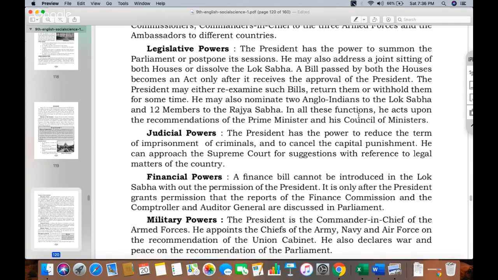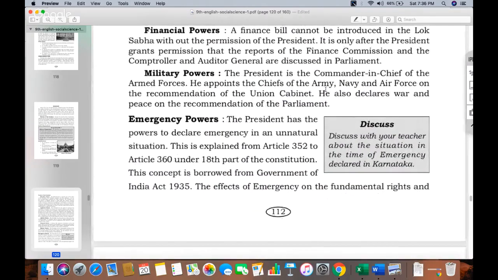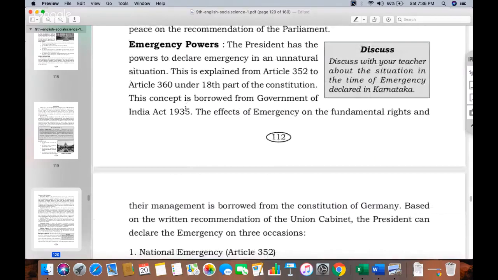So you have to take permission of the president. It is only after the president gives permission that it can be discussed. Military powers: the president is commander in chief, he appoints the chief of army, all these things. He can declare war and peace only on the recommendation of parliament.